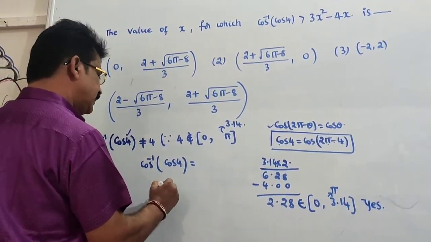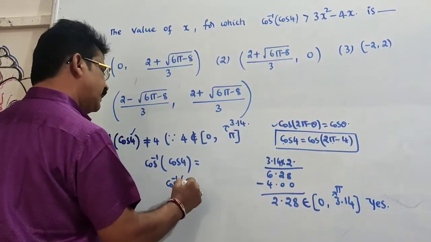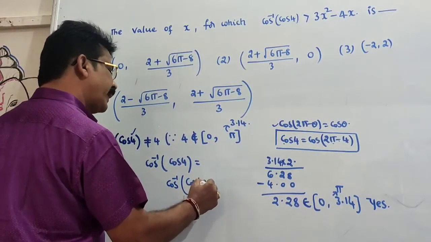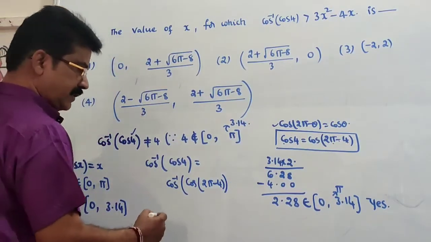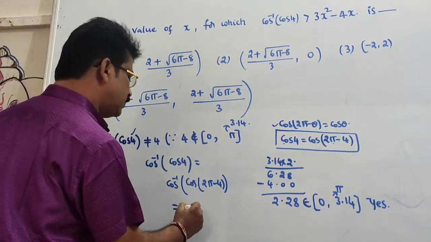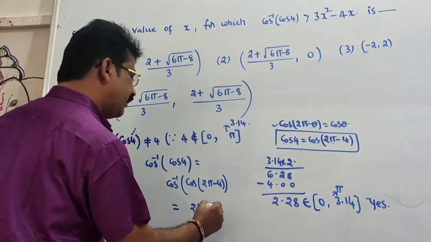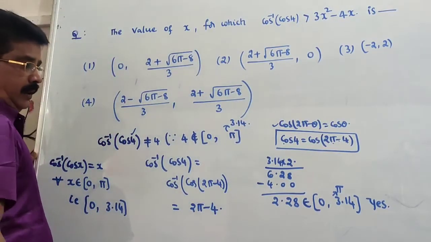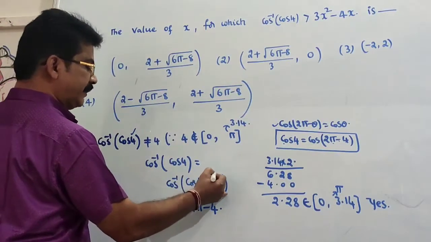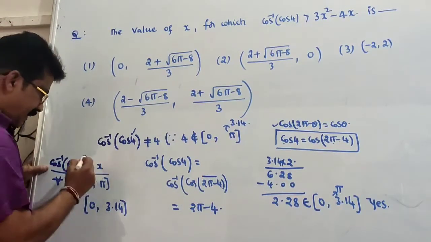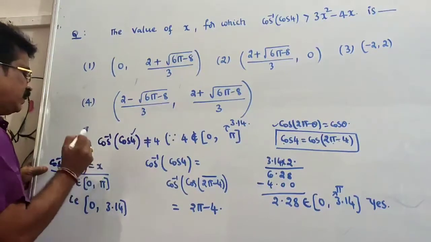So it is cos inverse of cos of 2 pi minus 4. So there is no loss of generality. That equals 2 pi minus 4. Before this, we are using the formula cos inverse of cos x equal to x.